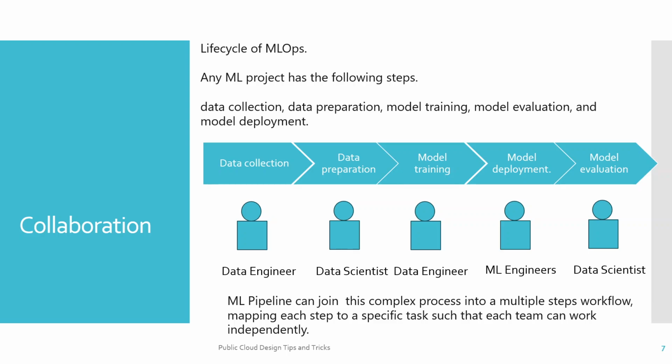Now, if you try to define an MLOps life cycle, there are five steps involved: data collection, data preparation, model training, model deployment, and model evaluation. If you map these specific steps to the stakeholders, then data engineers are responsible for data collection and model training, data scientists are responsible for data preparation and model evaluation, and ML engineers are responsible for deployment of the model.